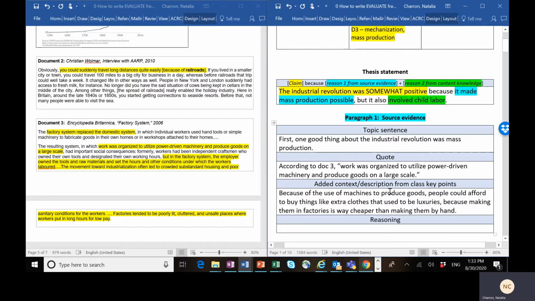So that's a short-term effect. Because of these machines, goods got cheaper and more people could buy them.